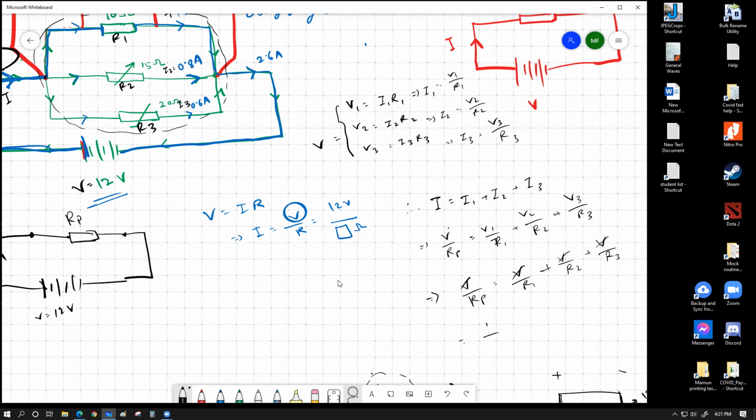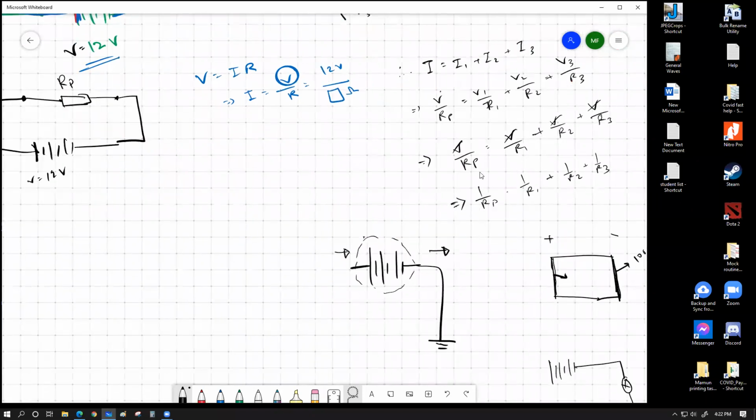So we get this expression: 1 by RP equals 1 by R1 plus 1 by R2 plus 1 by R3. This is practically the ultimate equation for the combined resistance of a parallel circuit.